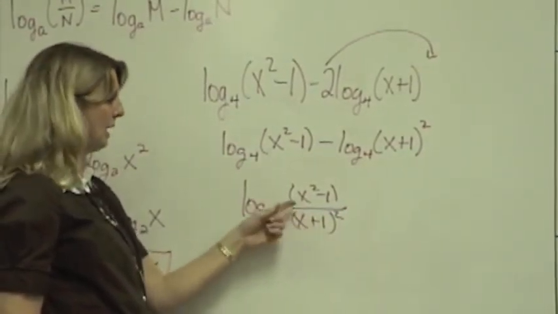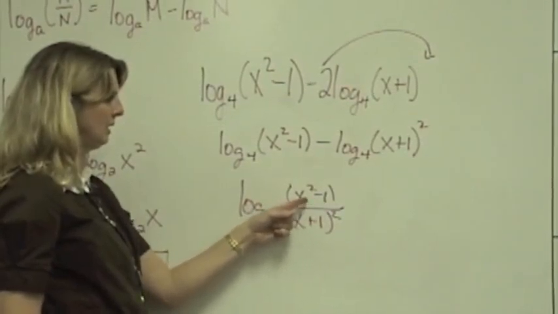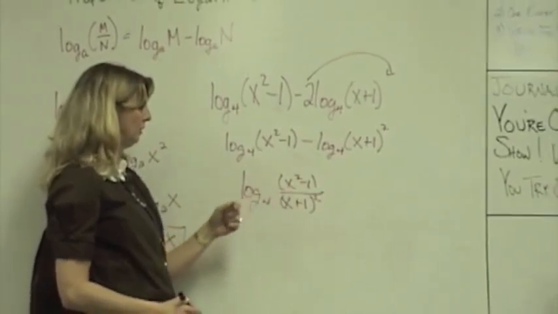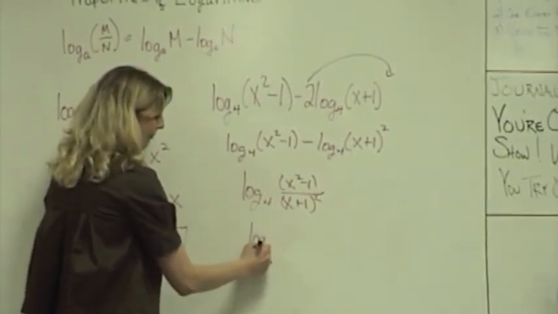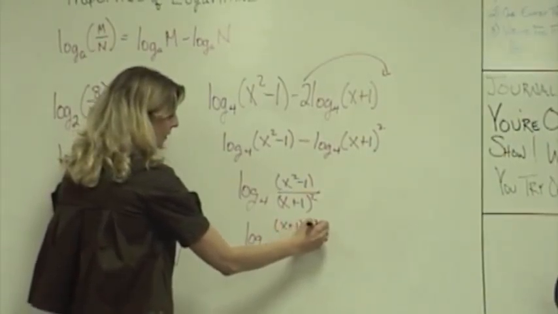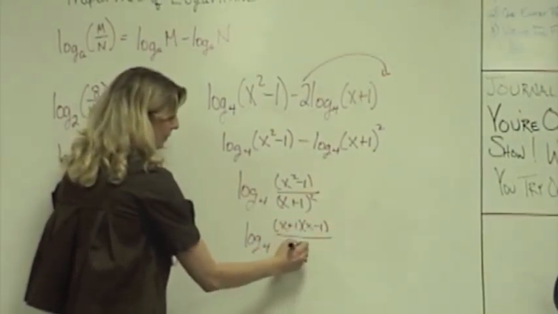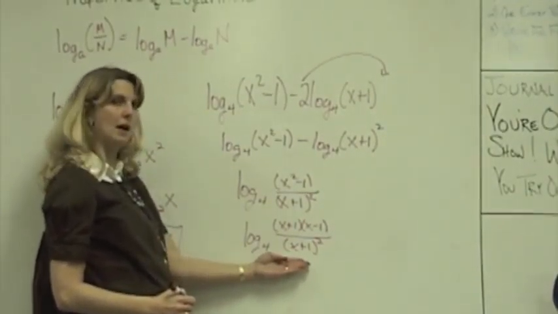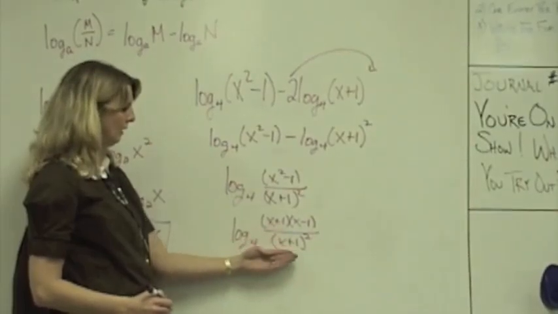Now, at this point, I hope you notice that this is the difference of two squares, so we can factor the numerator. Now, since we're in factored form, we're allowed to reduce.